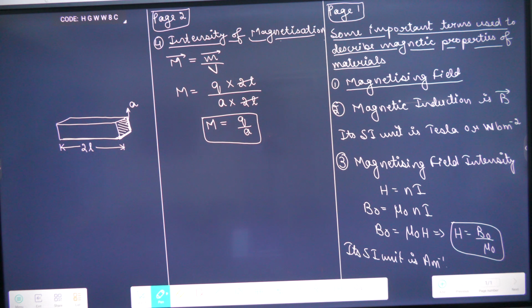Now on page number 26, please come. Let's see the next term. Next term is magnetic permeability. Now, what is magnetic permeability? Wait.